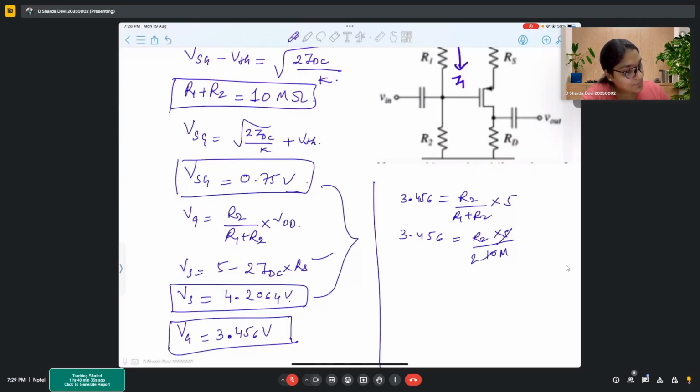So R2 is around 6.913 mega ohms, whereas R1 will be 3.08 mega ohms.